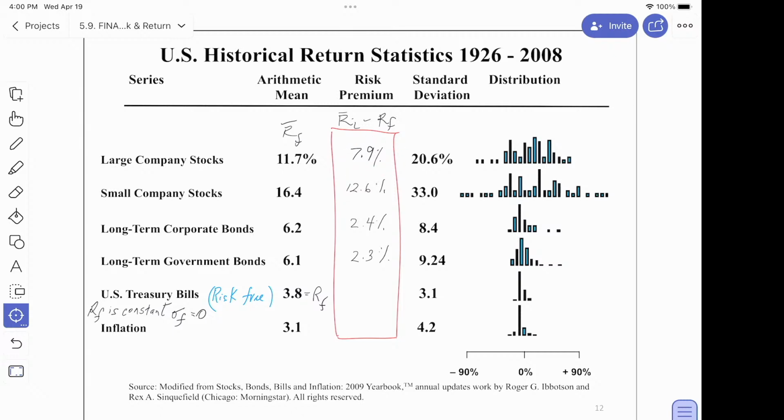Second would be the large company stocks, and then the less risky assets of long-term corporate bonds or long-term government bonds. They're about the same. They're different, but I wouldn't say that's significantly different. But anyway, we'd have to check. All right, so that's what I want to say about that.